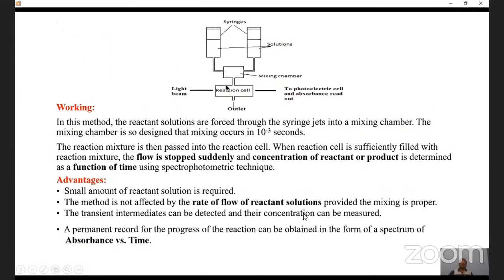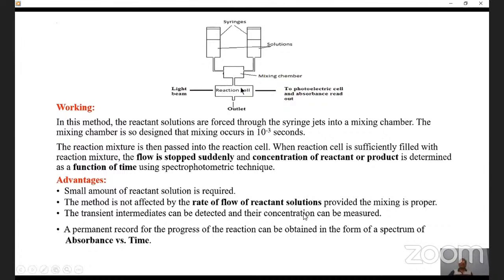This is the instrumental setup of a stopped flow method. In this setup, these two are the syringes which are filled with reactant solutions. Then this is the mixing chamber, where the two reactant solutions get mixed together within 10 to the power minus 3 seconds.